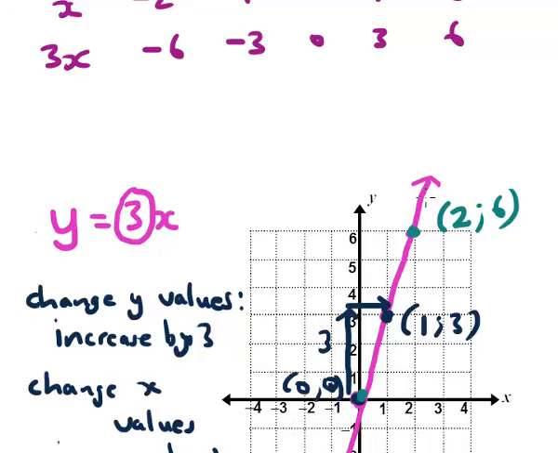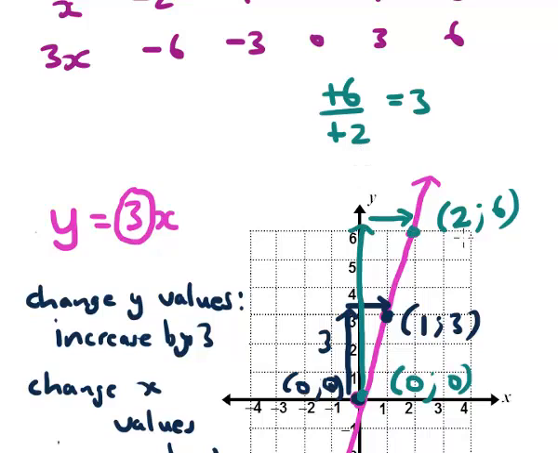So if I took the point 2, 6 and the point 0, 0, what would be the change in the actual y values? It goes from 0 all the way to 6, so the change is positive 6, over the change in the x's from 0 to 2, which is positive 2. Once again 3. If you remember in analytical geometry, you said the gradient was 6 minus 0 over 2 minus 0.